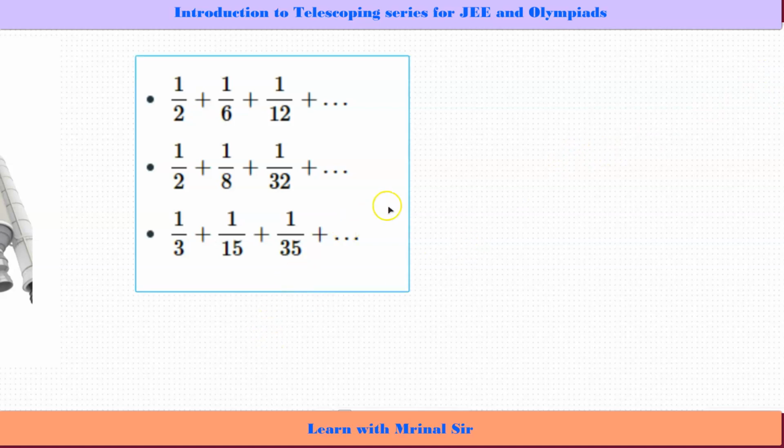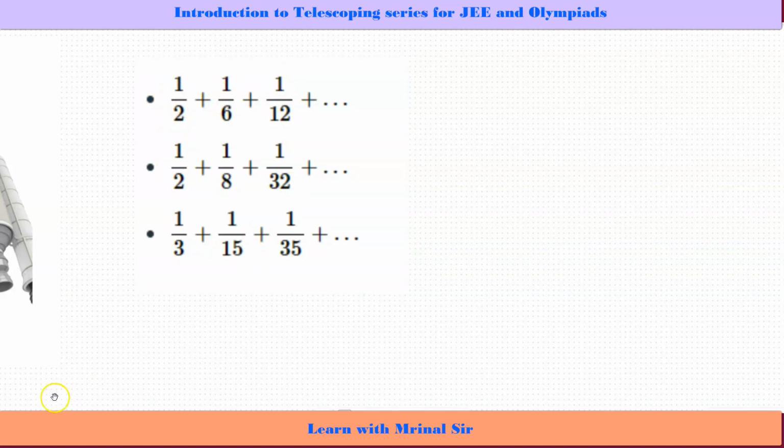So without wasting our time, let me start with this first one here: 1 by 2, 1 by 6, 1 by 12. How to find the sum of this telescoping series? I'll explain first. Whenever you are going to solve this series, you need to find the nth term and then go by the method of difference.